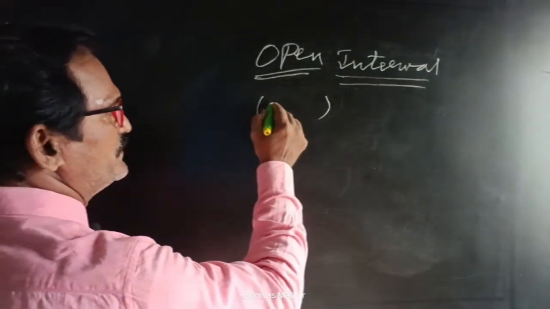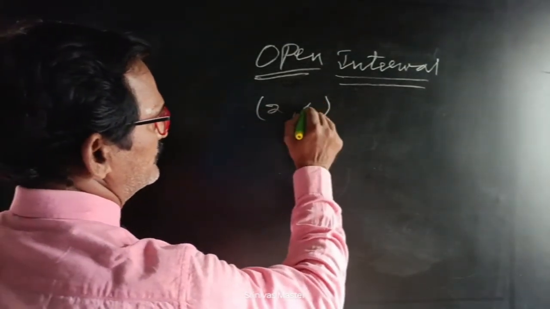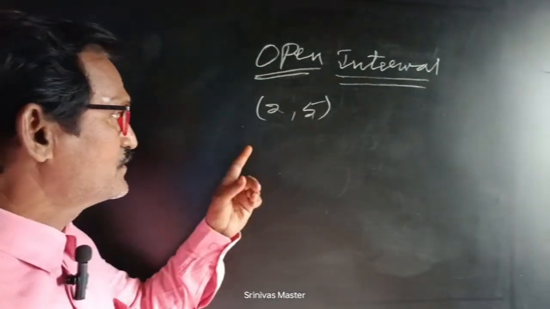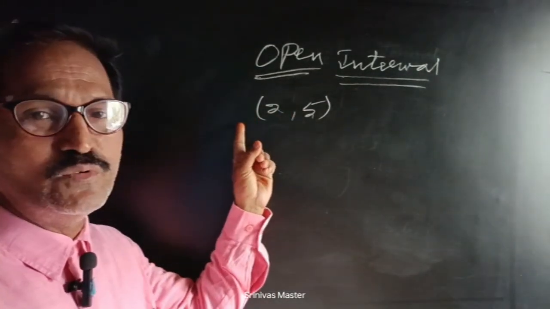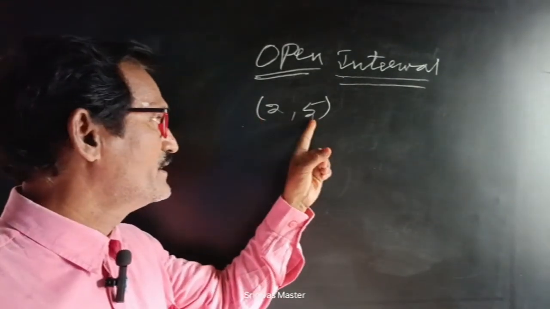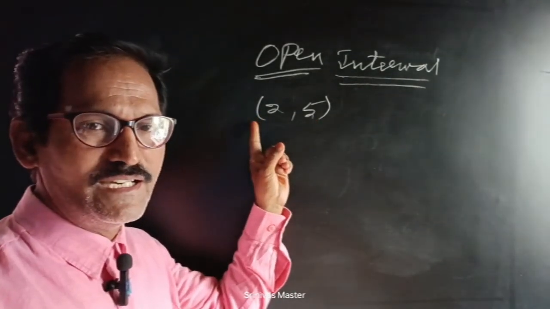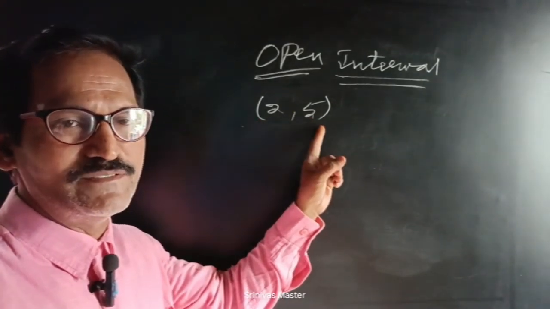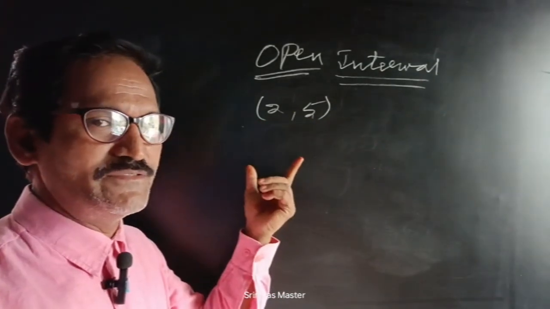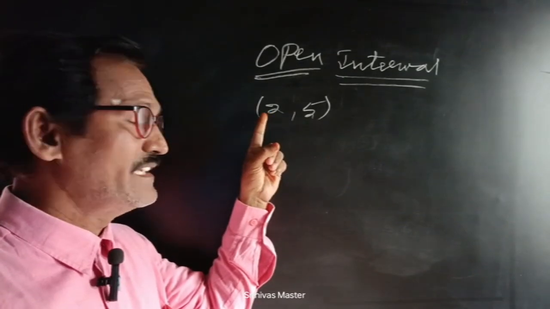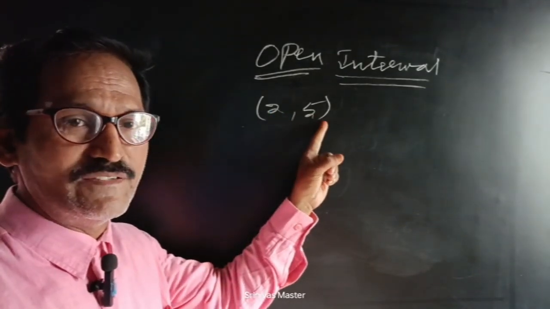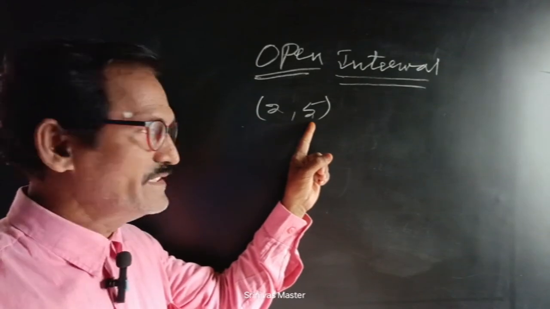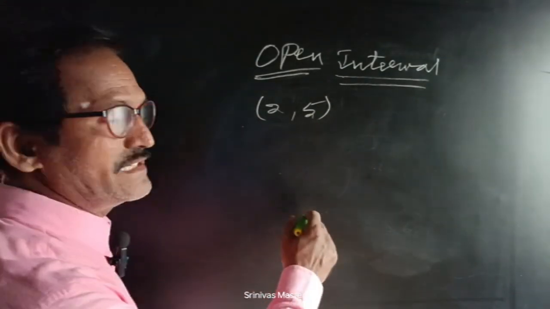For example, if you take 2 comma 5, excluding 2 and 5 means except 2 and except 5. That means we can say greater than 2 but less than 5.